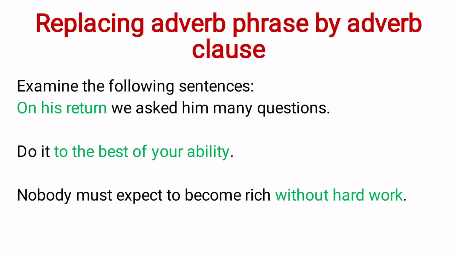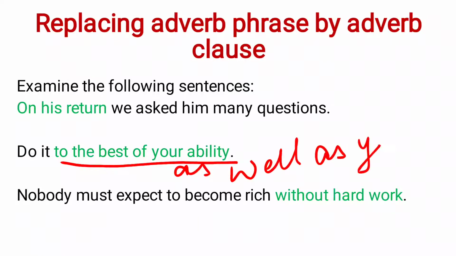Now let's try another one. Do it to the best of your ability. Now replace to the best of your ability with as well as you can. So we can write, do it as well as you can.